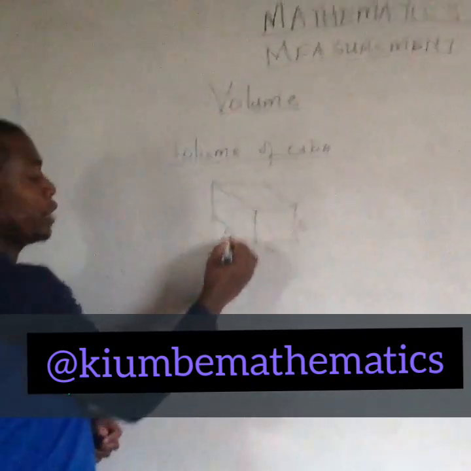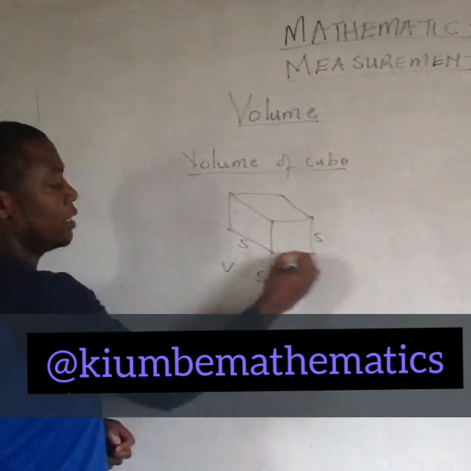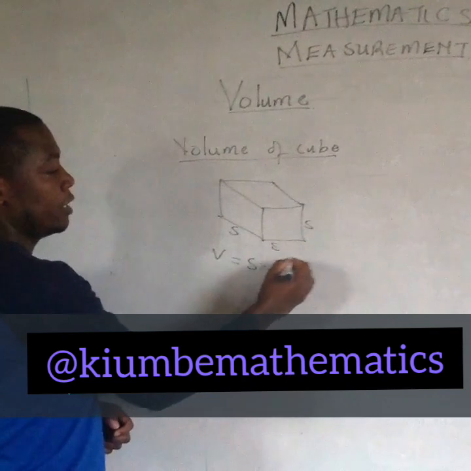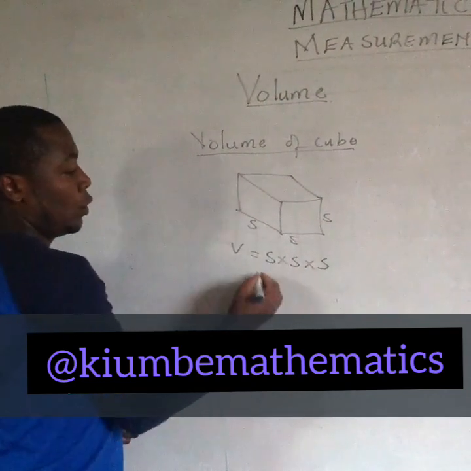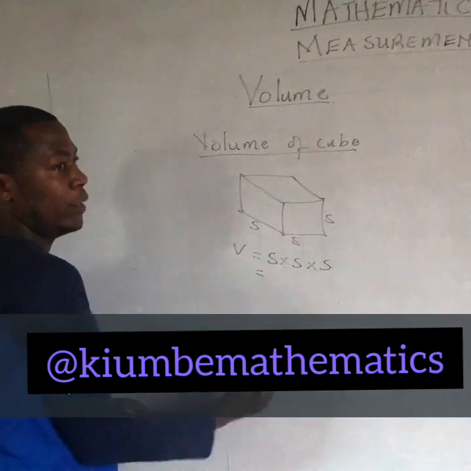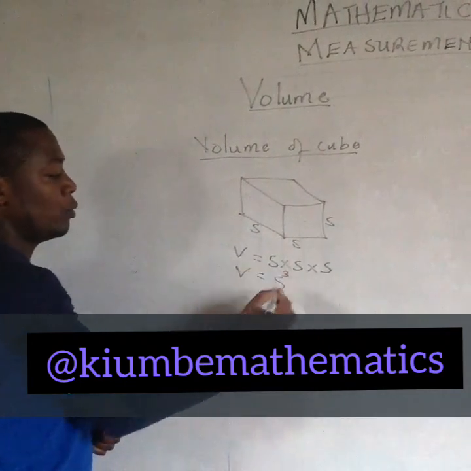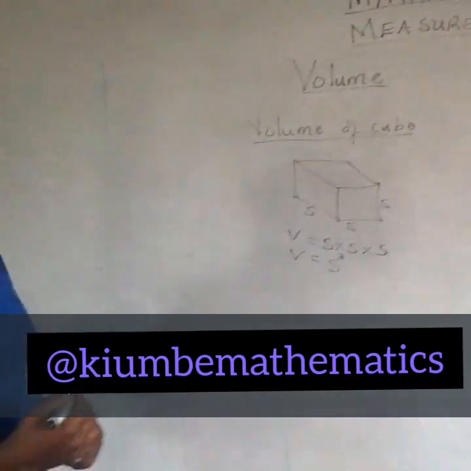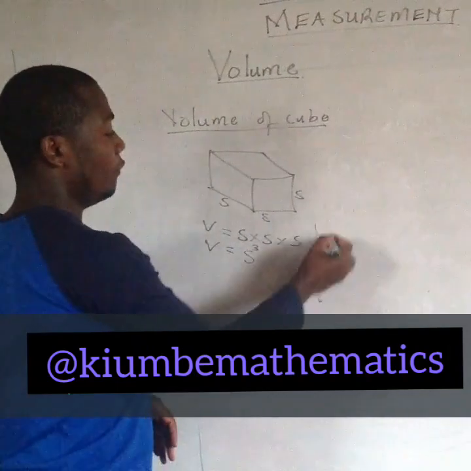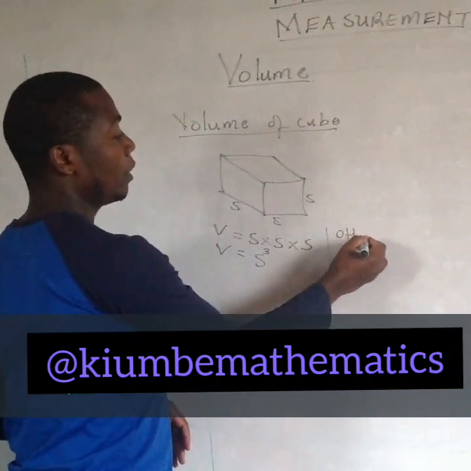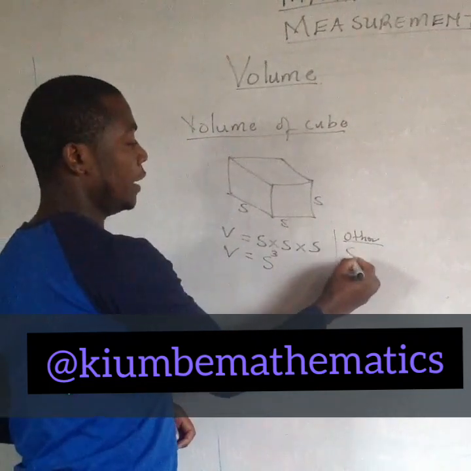Therefore, its volume shall be the first side which behaves as the length times the second side which behaves as the width times the third side which behaves as the height. So basically, if we multiply the three, you will find that it can be rewritten as the volume is equal to side cubed.